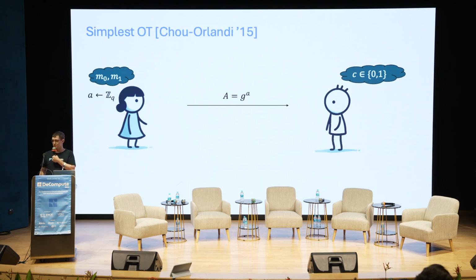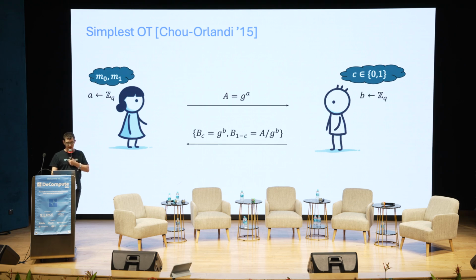So let's see one of those protocols. This one is called Simplest OT, and this is due to Chou and Orlandi from 2015. Here the idea is that again, Alice computes g to the a and sends it to Bob, the receiver. The receiver will use Alice's public key as a blinding factor. One of the public keys that the receiver sends will be g to the b, and the other one will be A over g to the b.